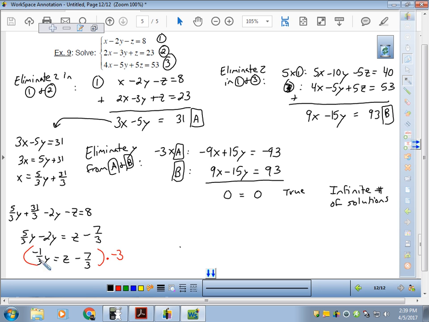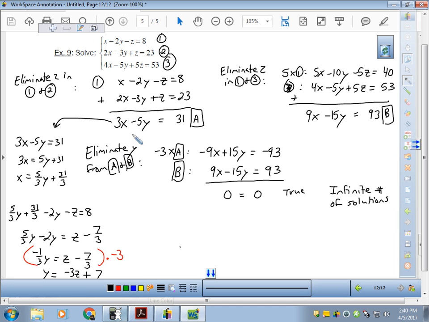So negative 3 times negative 1/3 y just gives us y. Negative 3 times z gives us negative 3z. And negative 3 times negative 7/3, a negative times a negative, is going to be a positive. 7 times 3 is 21, divided by 3 gives you 7. So we end up with this statement, y equals negative 3z plus 7.